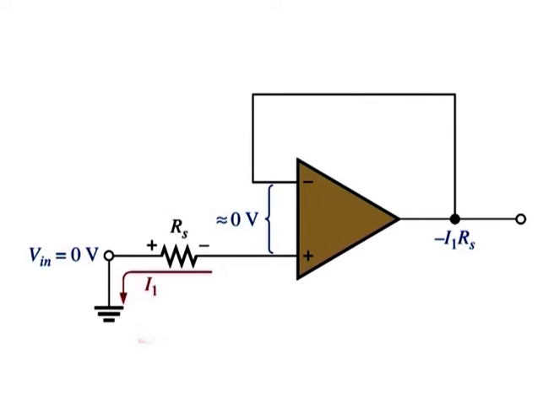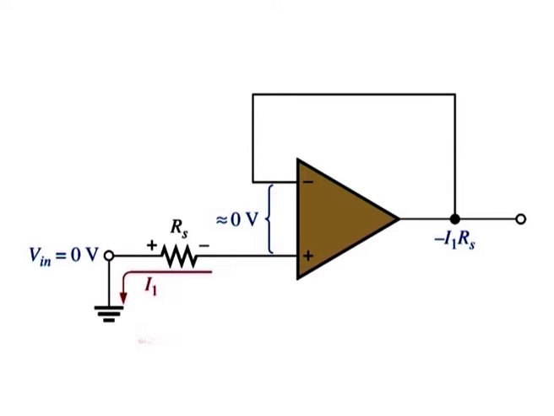Figure here shows a voltage follower with 0 input voltage and the source resistance Rs. In this case, an input bias current I1 produces a drop across Rs and creates an output voltage error as shown.